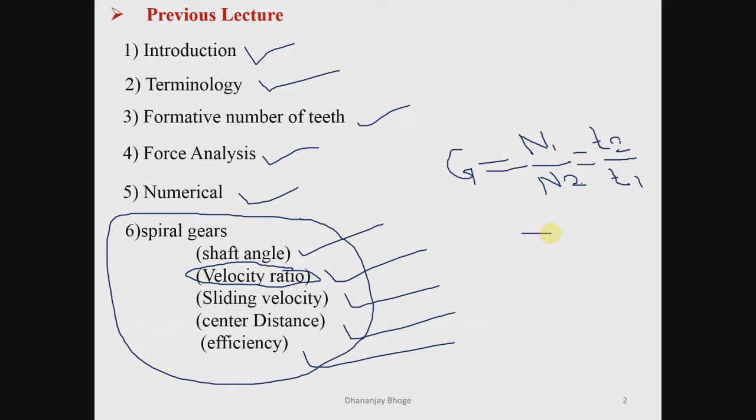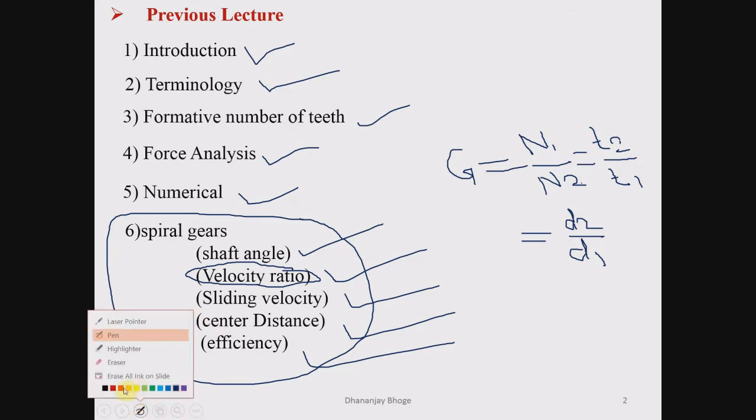In helical gears we used to equate this to the ratio of pitch circle diameters, right? But in case of spiral gears, you cannot do this. In case of spiral gears, this is not equal to d2 by d1, because for spiral gears, pitch circle diameters are not in proportion to the number of teeth.